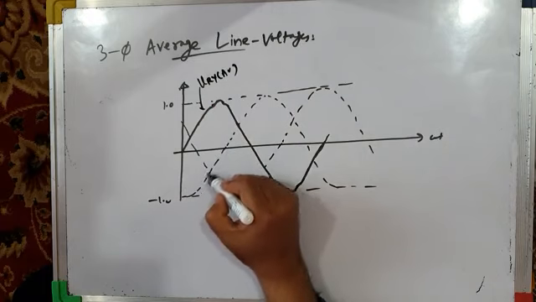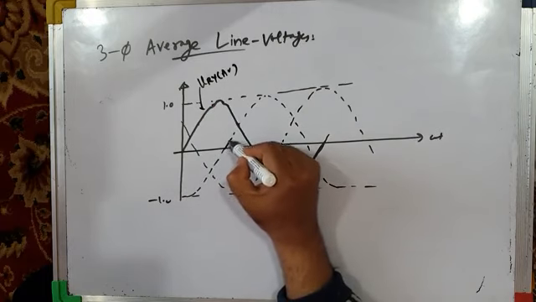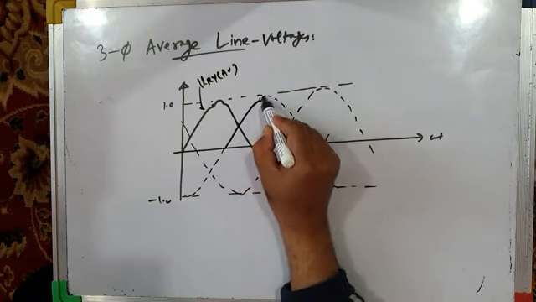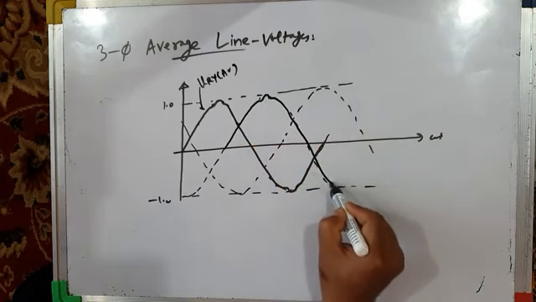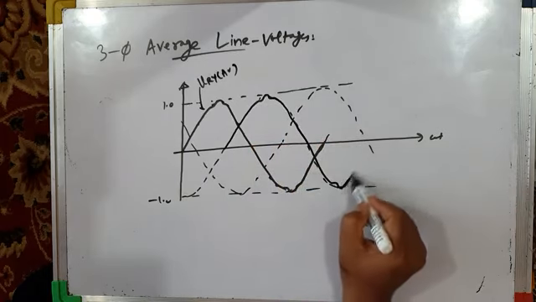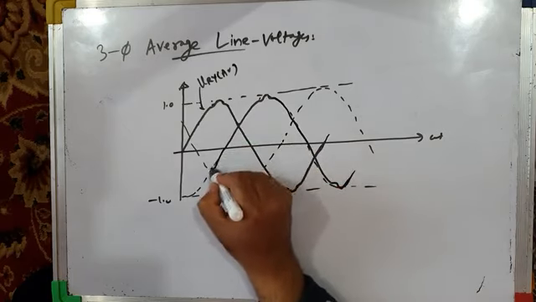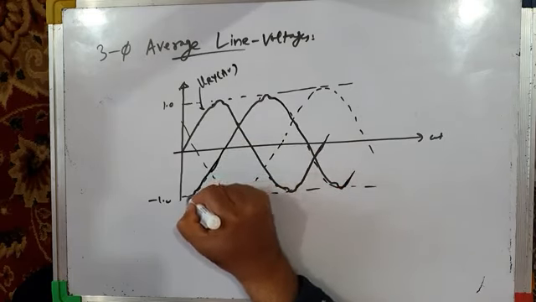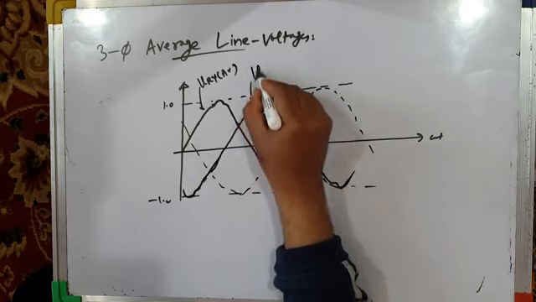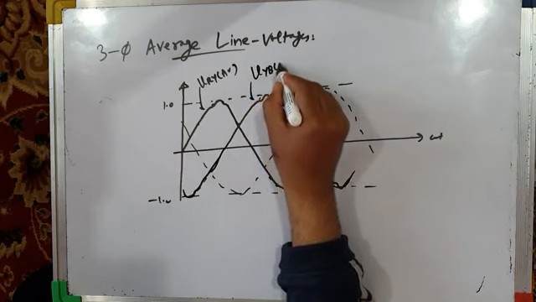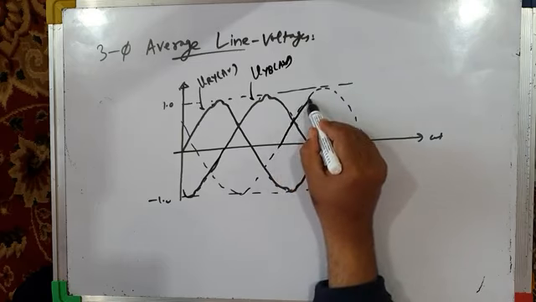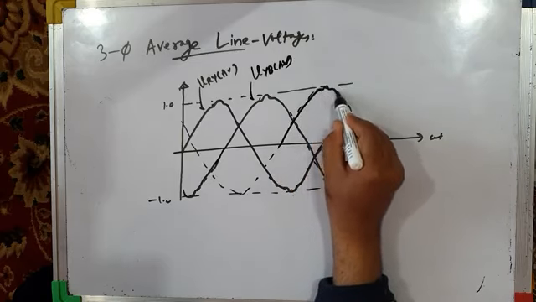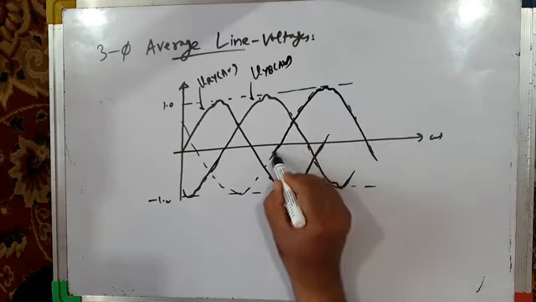Then line voltage VYB will be like this. This is average line voltage VYB average, and VBR will be like this.